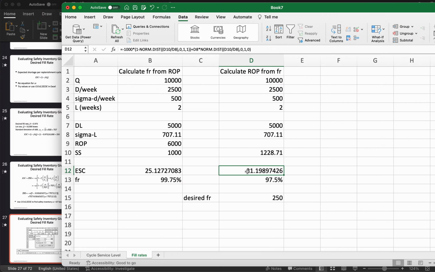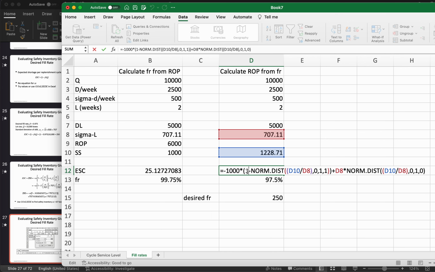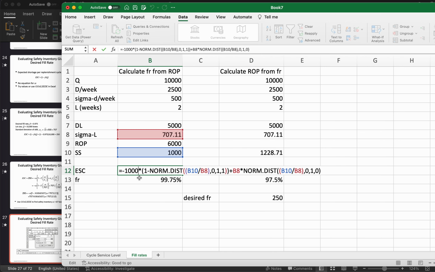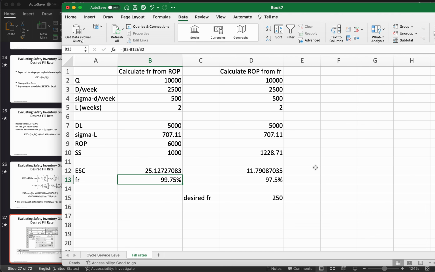I think I messed up. I wrote down 1000 here instead of actually referring to this 1000 here. I think that's where I messed it up.